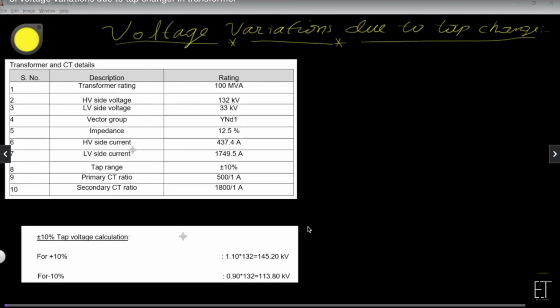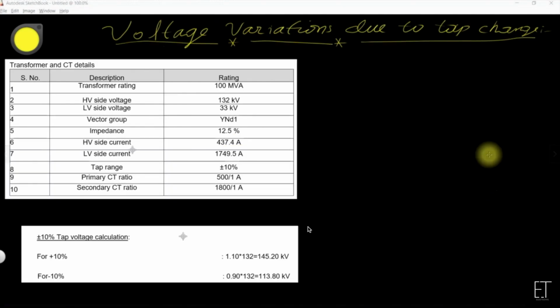Welcome, friends. In this section we will study the voltage variations because of the tap changers. We know that for this transformer the HV voltage is 132 kV, the LV voltage is 33 kV, and the tap changer installed here can regulate plus minus 10%.